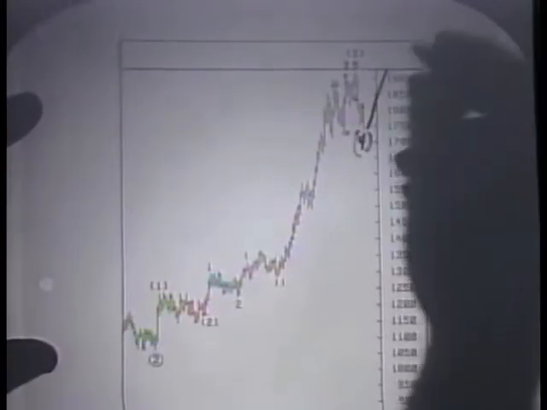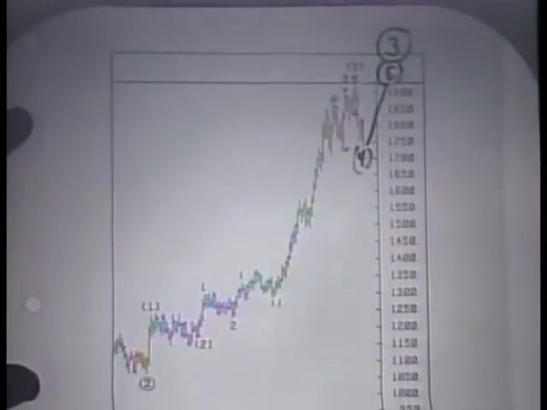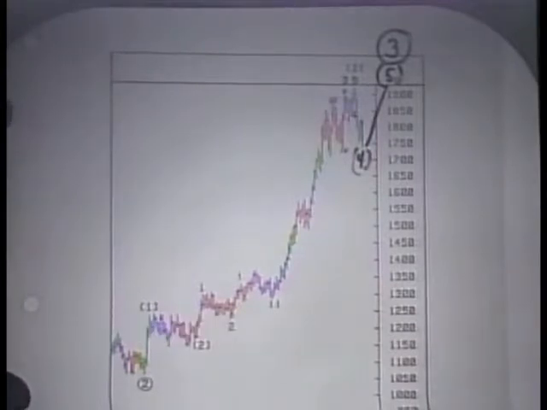Page 2.7 is this picture occurring in real time. I'm sure many of you are familiar with this picture. What we need to do, add an intermediate wave 4 down here, and then come up here just over 1900 again, and add an intermediate wave 5, completing primary wave 3. We did that, and then the market proceeded to do that, so that worked out real well.